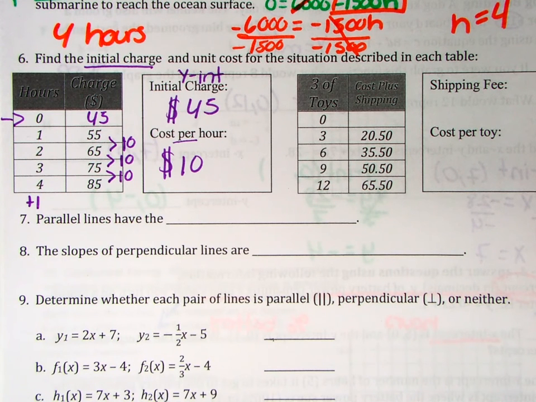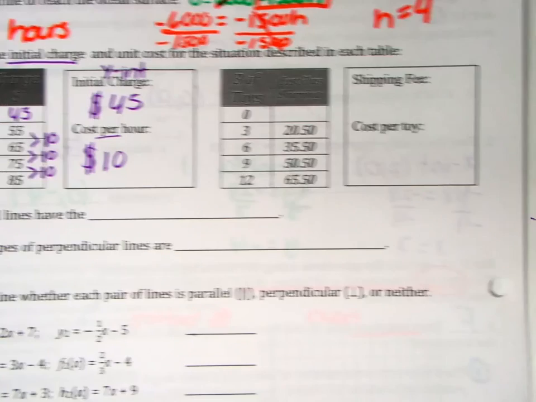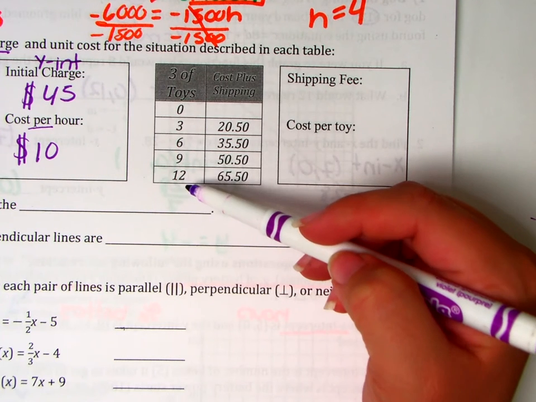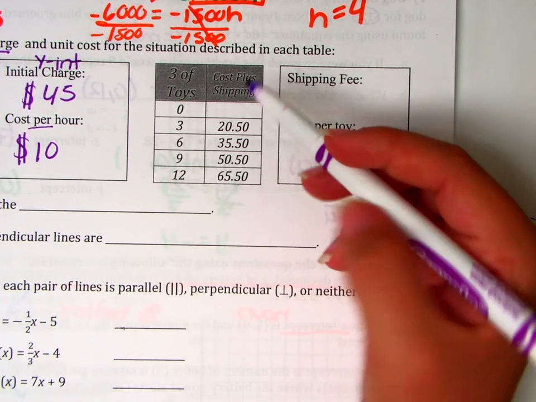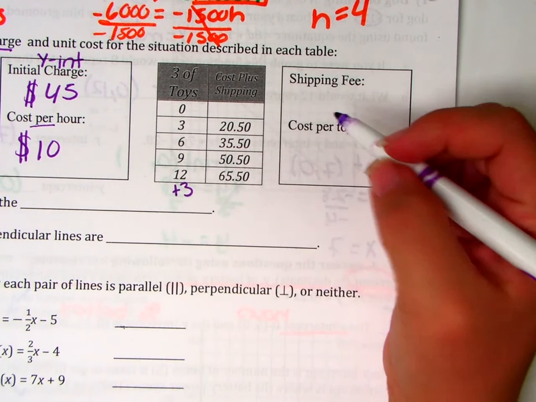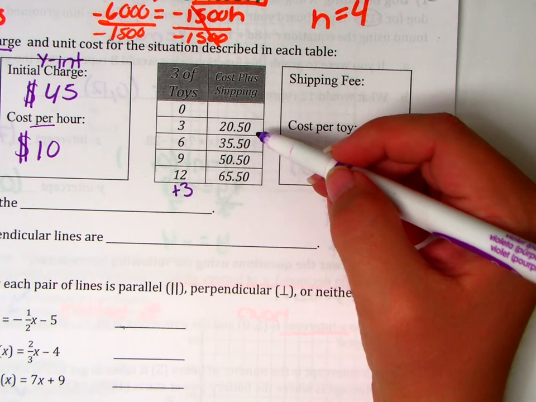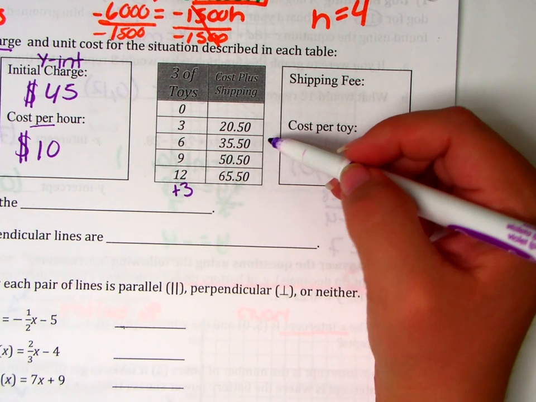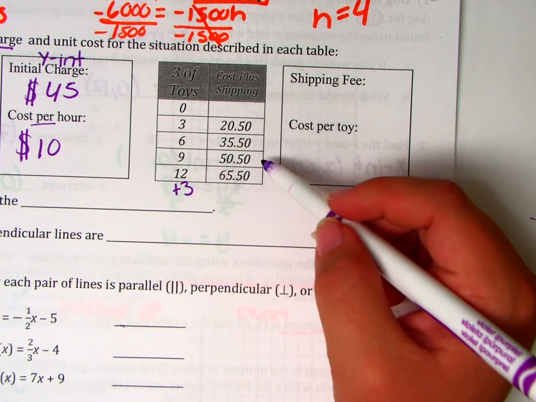Alright, let's go to the next part. We're going 0, 3, 6, 9, 12. We know that this is going by 3s. And then here we have $20.50, $35.50, and then $50.50, and so it's going on, so on, and so on.